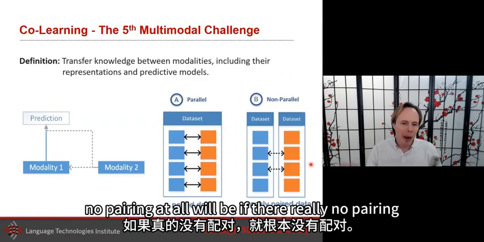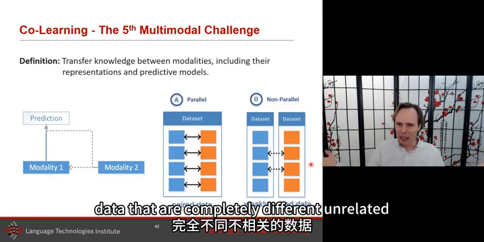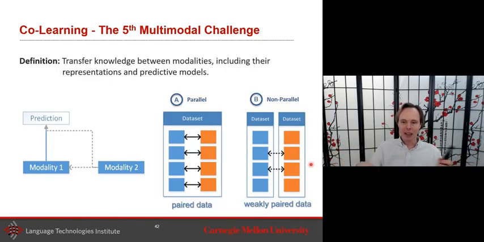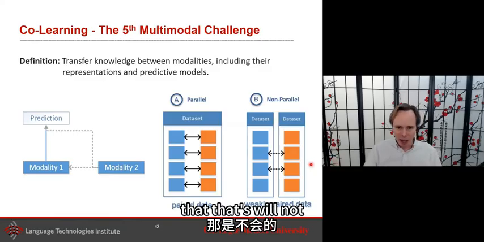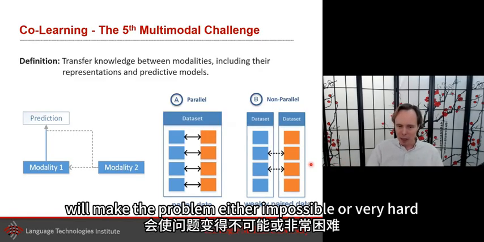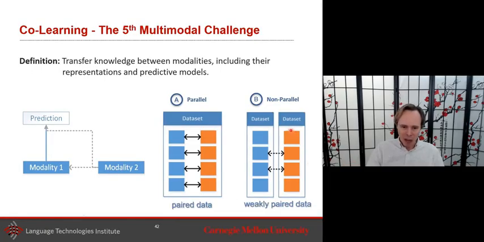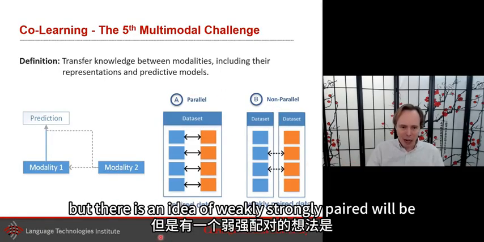If there's really no pairing at all, with data that are completely different and unrelated, that will make the problem either impossible or very hard. But there is the idea of weakly paired.